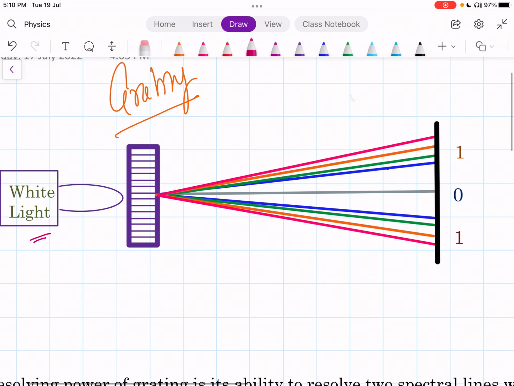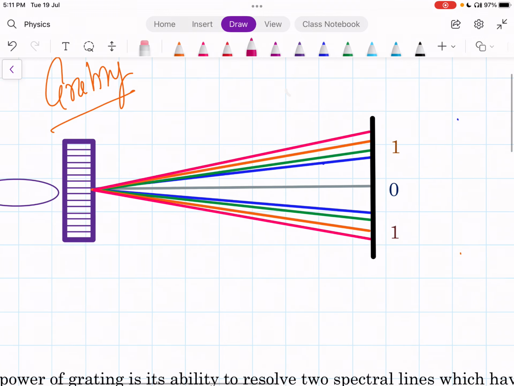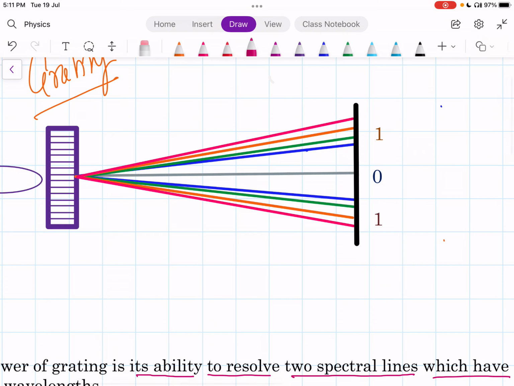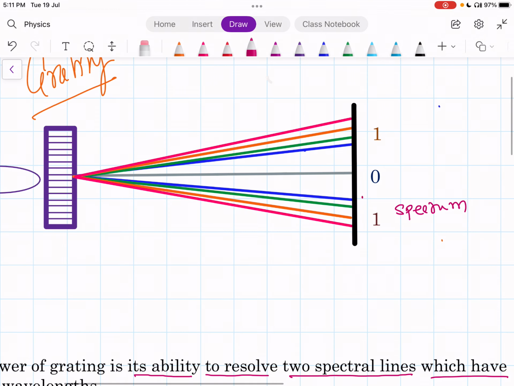When white light is passed through the grating, each wavelength diffracts at a different angle, and in the telescope you will see the spectrum. This is the first order spectrum. In the spectrum you can see the blue line, green line, orange line, red line, etc. These lines are called spectral lines.